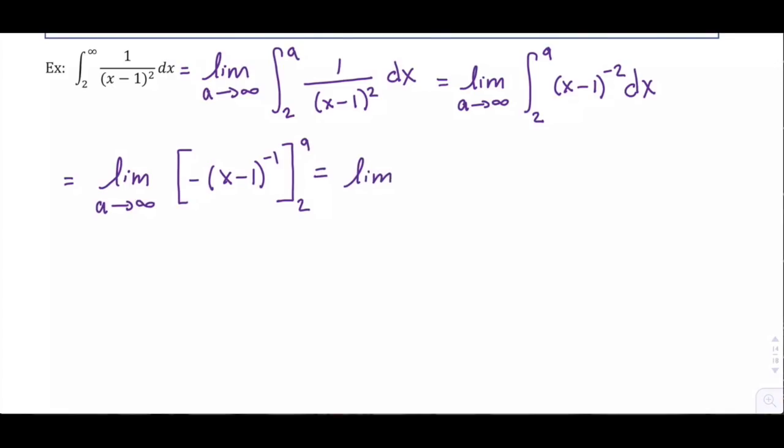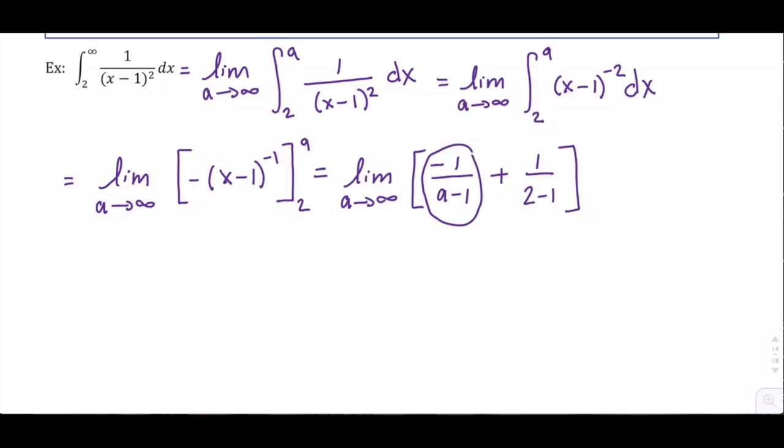Let's go ahead and substitute in our limits of integration. We end up with negative 1 over a minus 1 minus a negative, so that would be positive, 1 over 2 minus 1. If you go ahead and let a go to infinity, this entire fraction here would go to 0, and we just end up with 1.